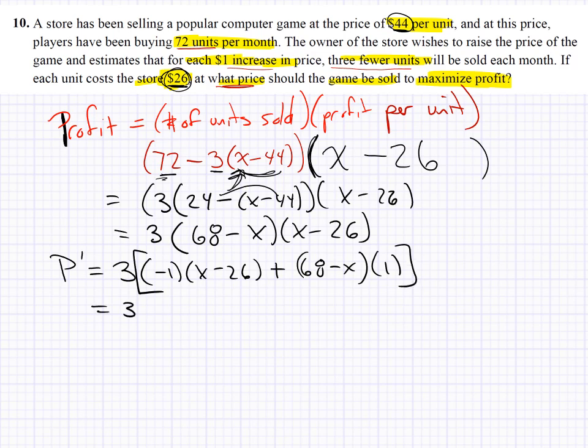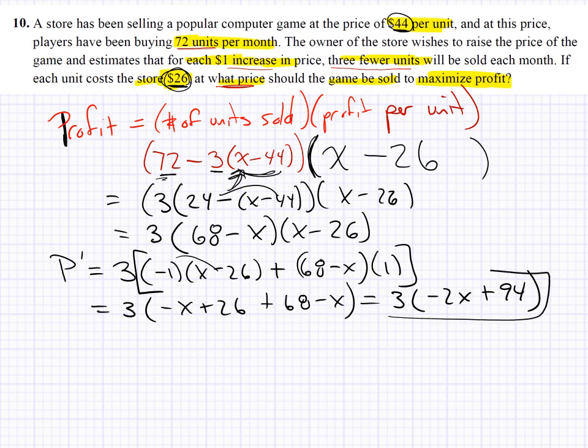So what I end up with is 3 times negative x plus 26, distribute that in, and then this is going to be plus 68 minus x. So what do I get? I get 3 times negative 2x plus 94. So what you see here is you end up with this derivative.